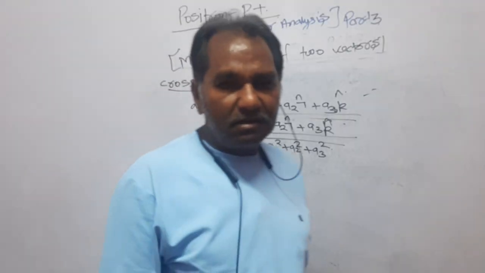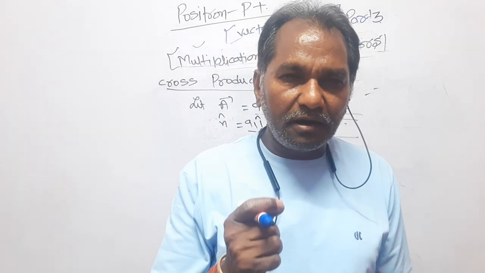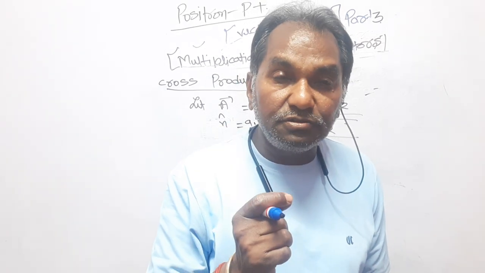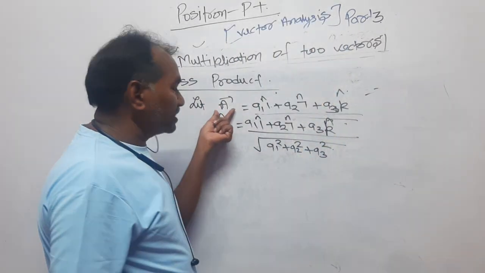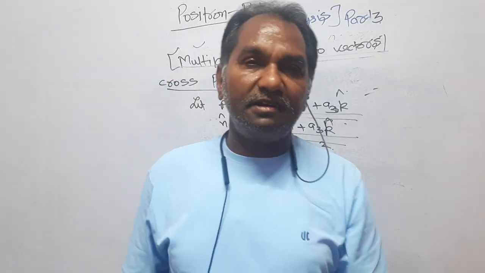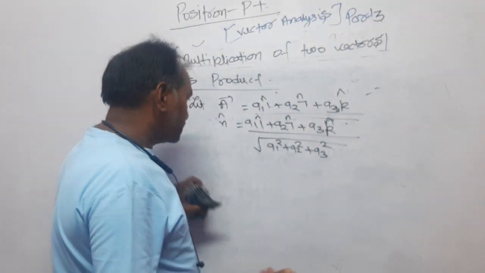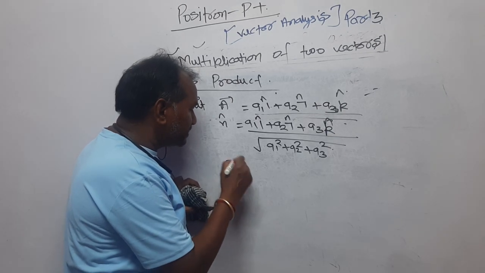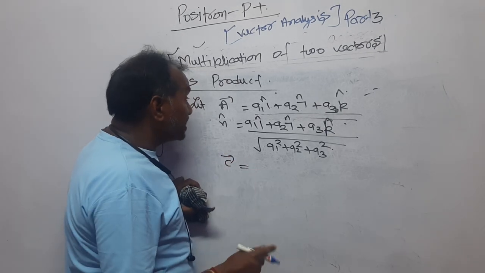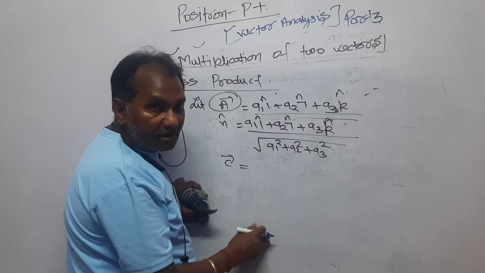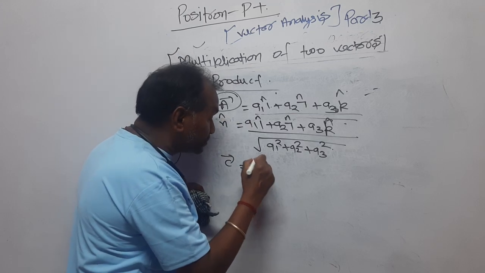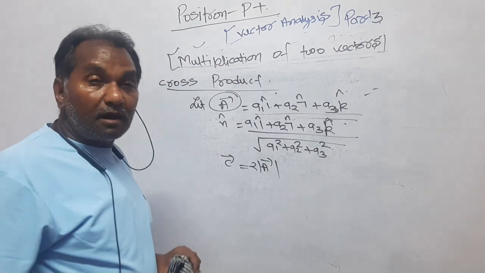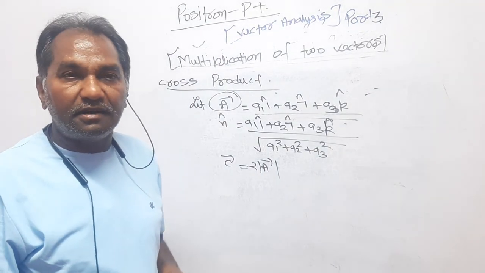Now dear students, the question is to find out another vector which has the magnitude double of vector A but is oppositely directed. Let that vector be vector C, which has the magnitude twice of vector A. Means magnitude is twice of mod of vector A, but it is oppositely directed to vector A.